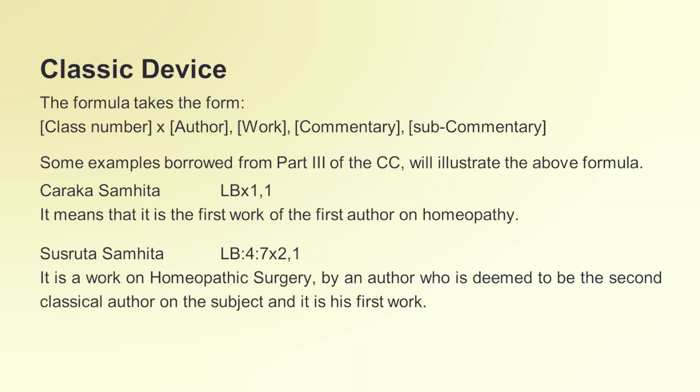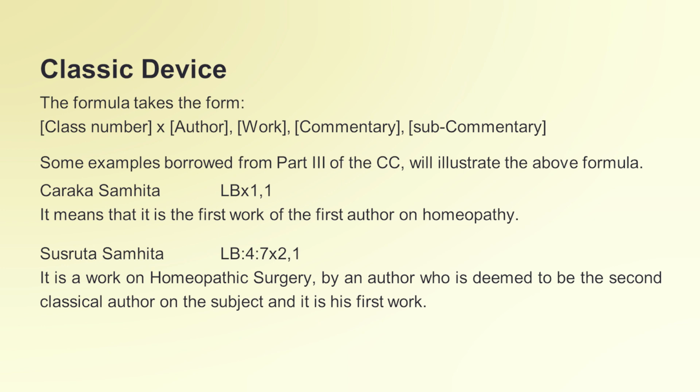Here we present some examples, such as Charaka Samhita LB small x 1 comma 1. So LB denotes the notation for homeopathy, then x denotes the classic, then the first author in homeopathy Charaka, and first work of that first author is also denoted by 1 again.